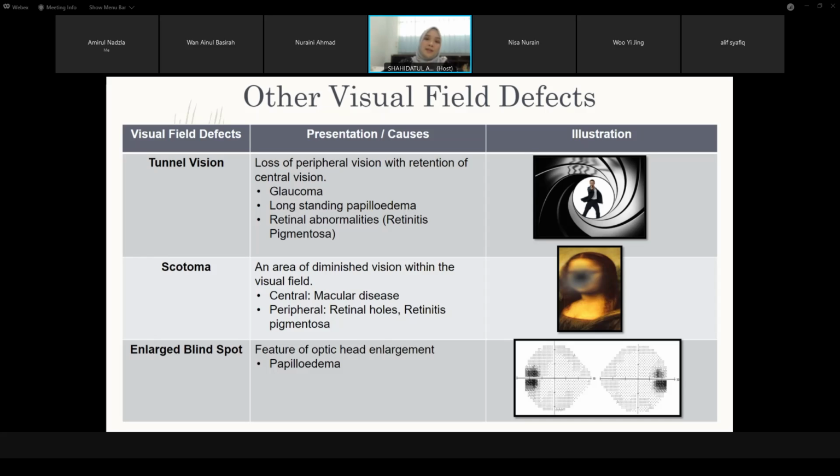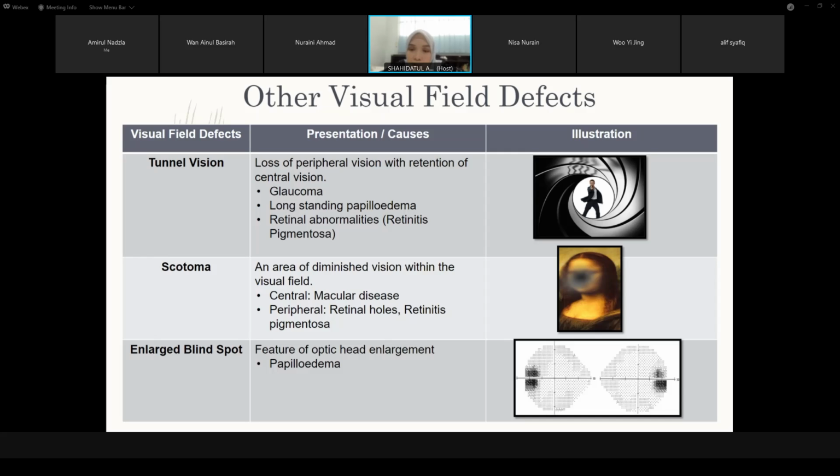Kalau you tengok dekat gambar bawah yang ada enlarged blind spot tu kan, hitam tu adalah blind spot. Okay, jadinya kalau central scotoma berlaku dekat crossing tengah tu. Nampak tak? Yang ada crossing ni.